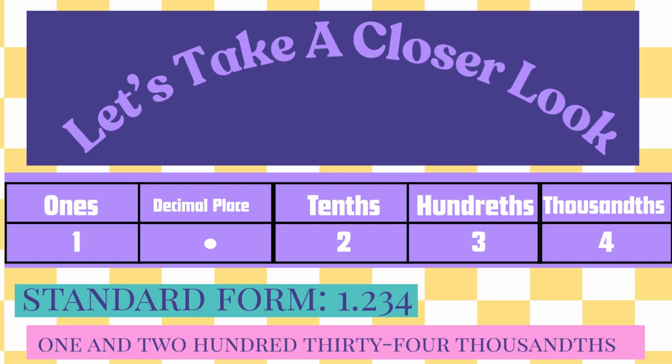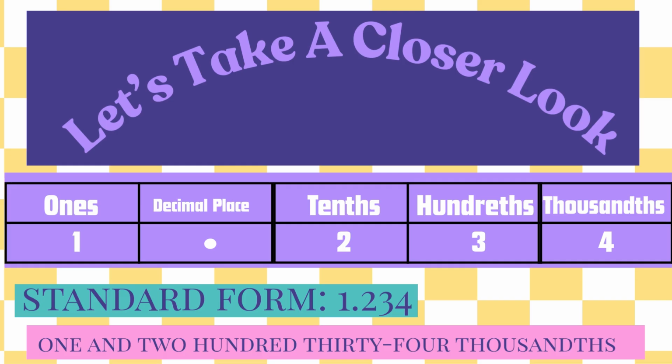Let's take a closer look and focus on just the ones place, the decimal point, and the first 3 places after the decimal. Here, we're going to be examining just 1.234 for now. The first place after the decimal is the tenths place.